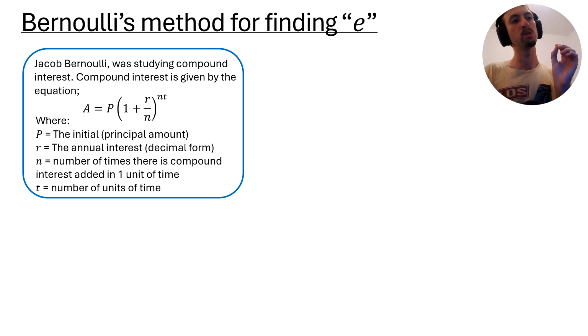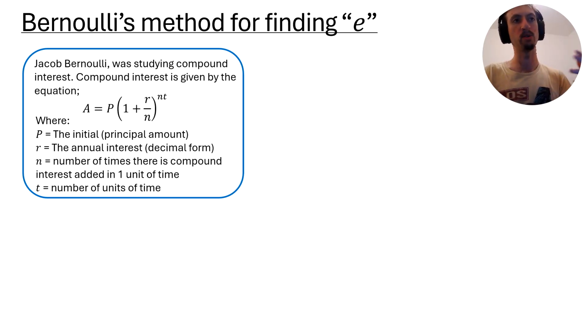Now, what Jacob Bernoulli was interested in was what happens in the limit where compound interest is applied continuously. So what happens, or what do you get for the total amount in your account as n goes to infinity?